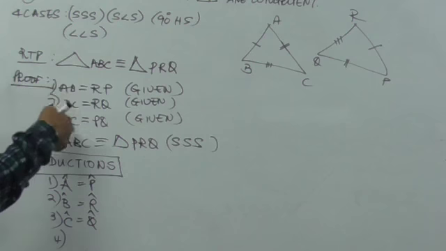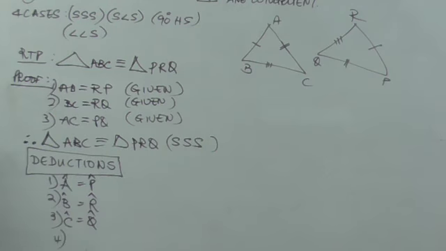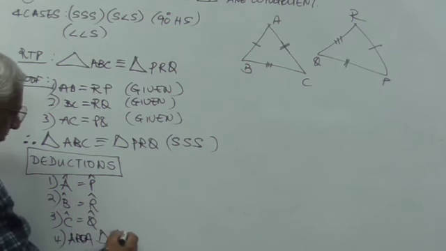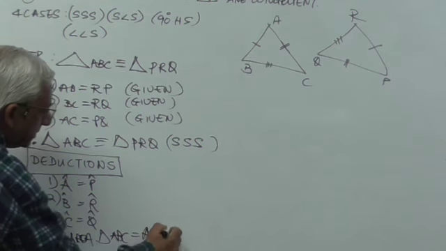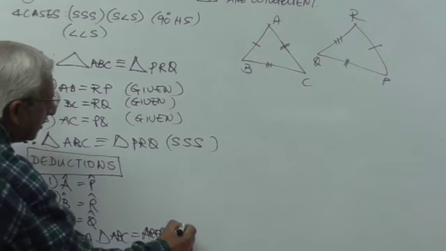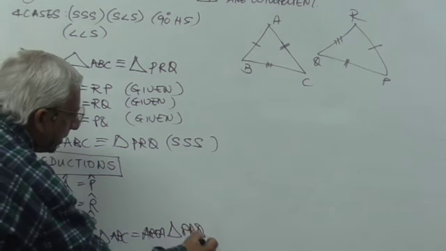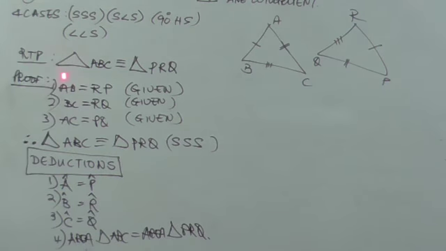Did we use this in the proof? No. Therefore, it is a deduction. And finally, the area of triangle ABC is equal to the area of triangle PRQ.